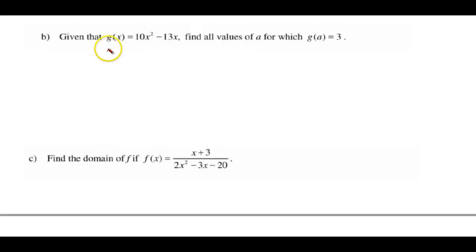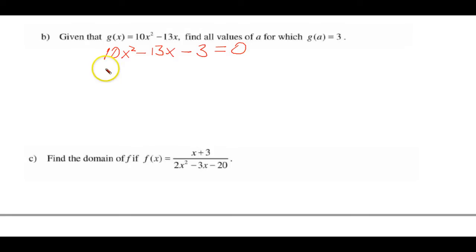But it starts off as 10x squared minus 13x equals this, so we're going to bring this over as a negative 3 equals 0 to put it in standard form.